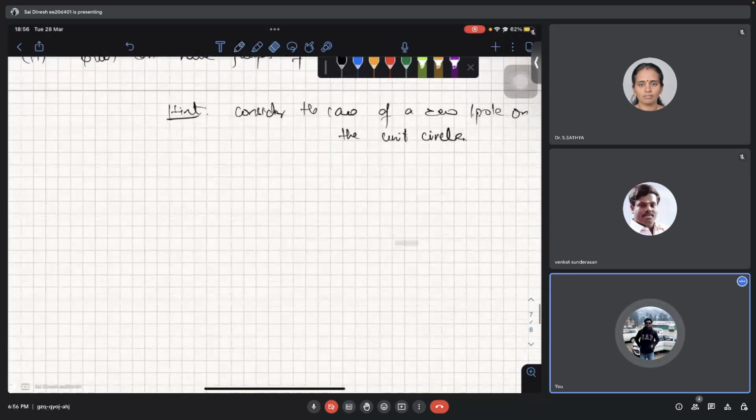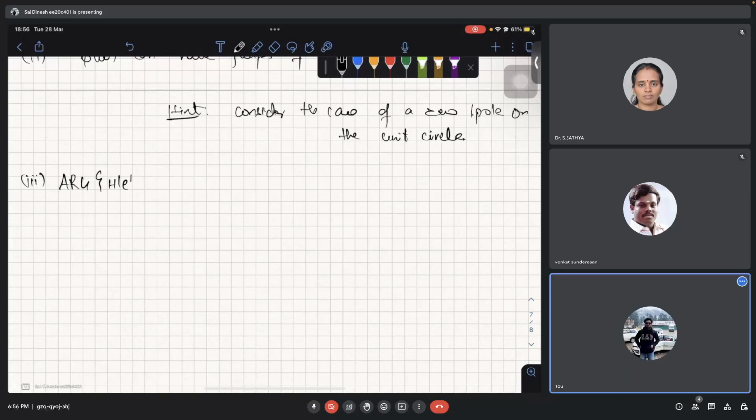And then arg H of omega is continuous in 0 less than omega less than pi.